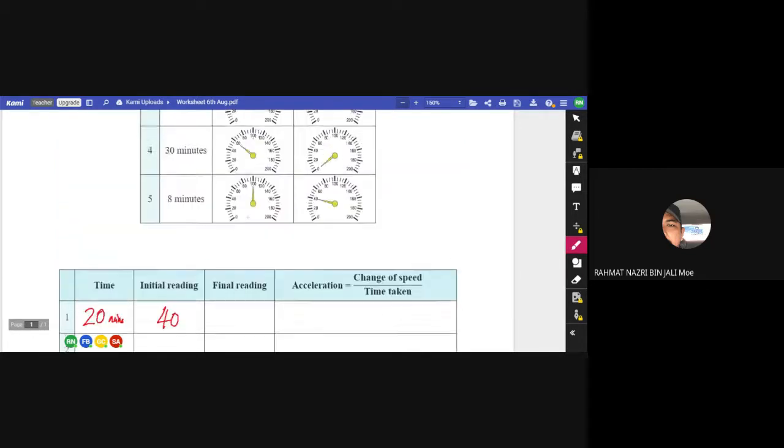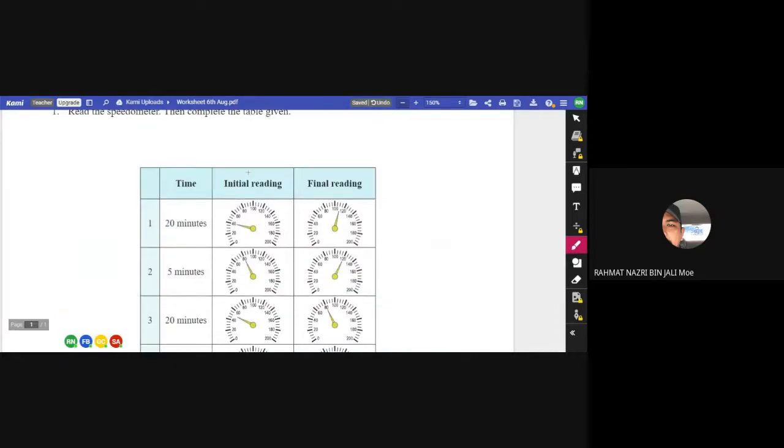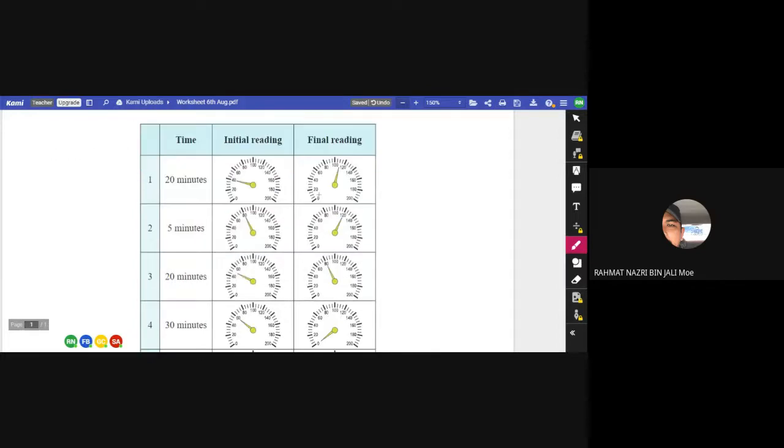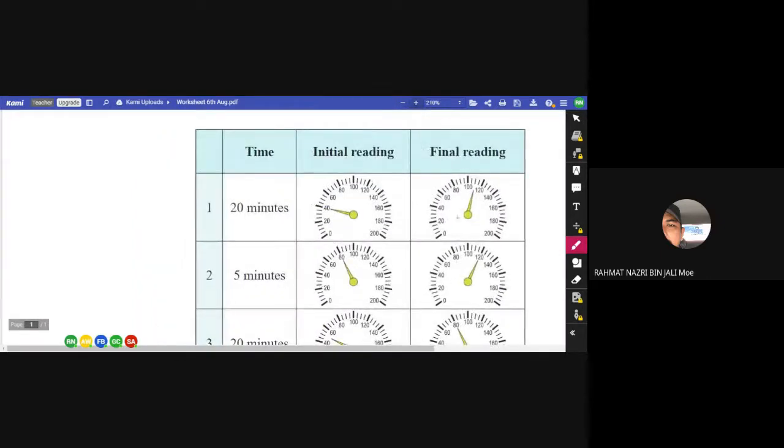And then the final reading, this speedometer didn't mention the unit, but let me double check. Rotation per minute. Okay, correct. So this one is rotation per minute. So 40 rotation per minute. The final reading is 100.